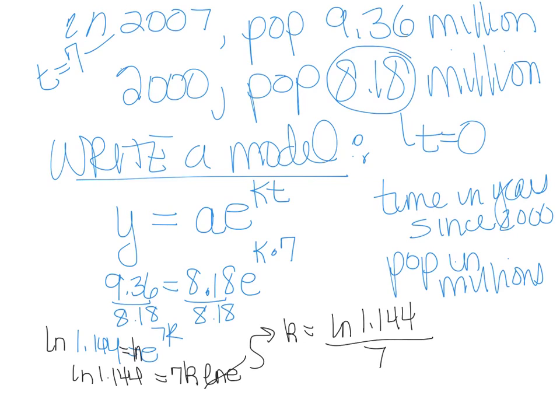So I'm going to take the natural log of my second answer, close my parentheses, divide by 7, and I'm getting a value of 0.019, and of course I am going to have to round that to something reasonable, so that when I write my model, y equals initial value is still going to be the 8.18, e to the k was 0.01925. Darn, I ran out of room. I should have written that times t.